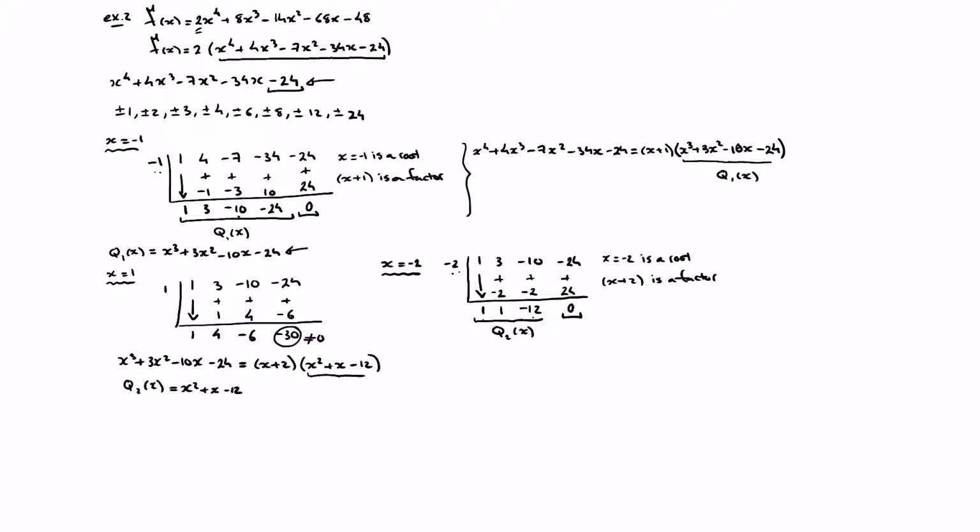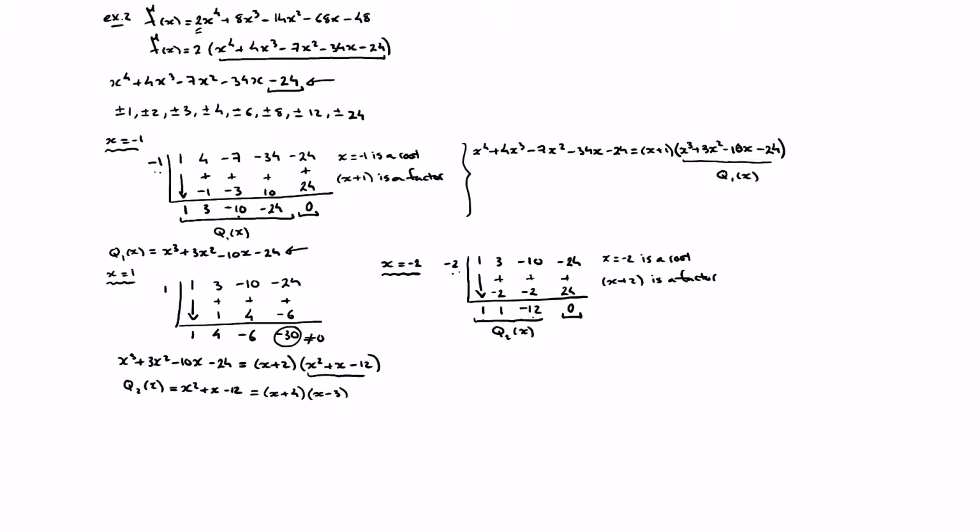And it doesn't take us too long before seeing that 4 and negative 3 definitely work, since 4 plus negative 3 equals 1, and 4 times negative 3 equals negative 12. So we can go right ahead and say that q2 of x equals x plus 4 times x minus 3. And now we're pretty much done.